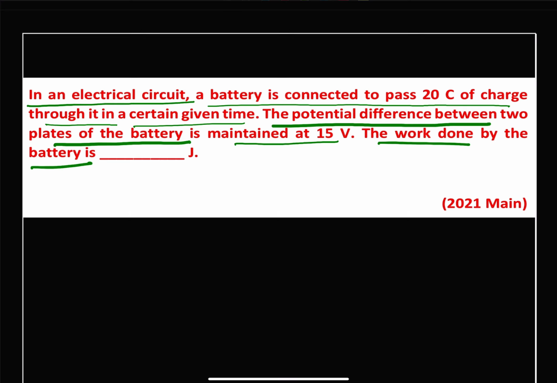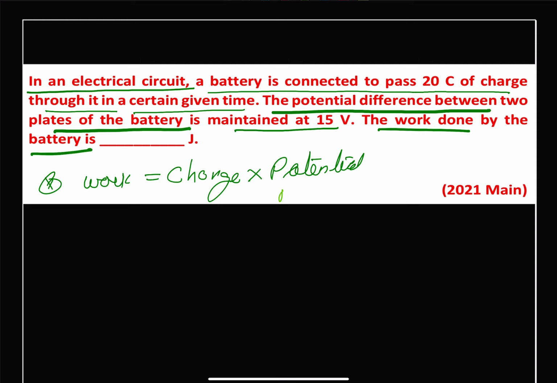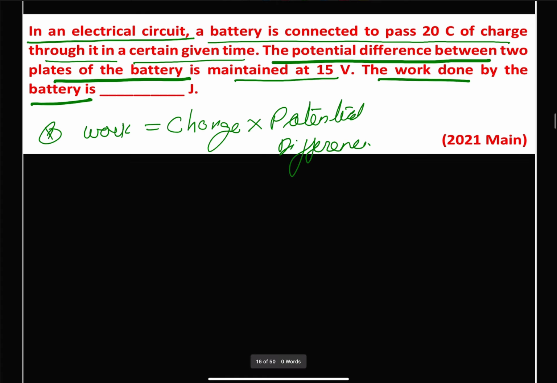It says that our work is equal to charge multiplied by potential difference. We are given a charge of 20 Coulomb and potential difference is said to be 15 volt.